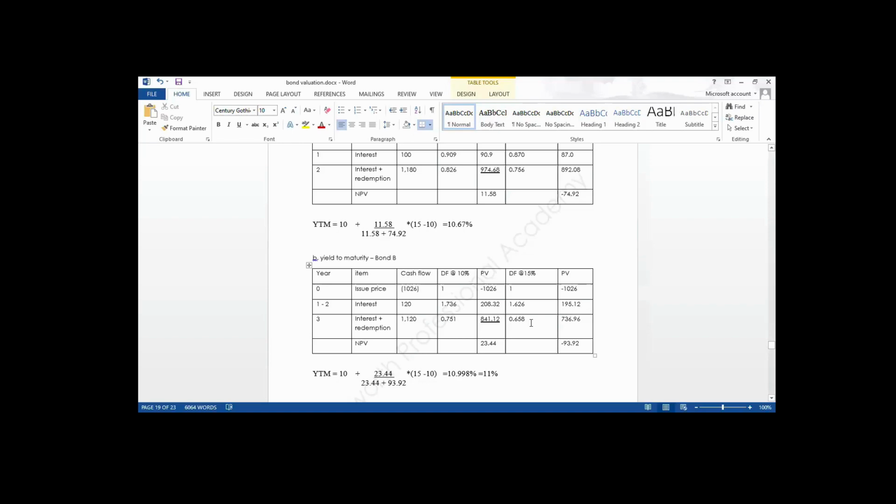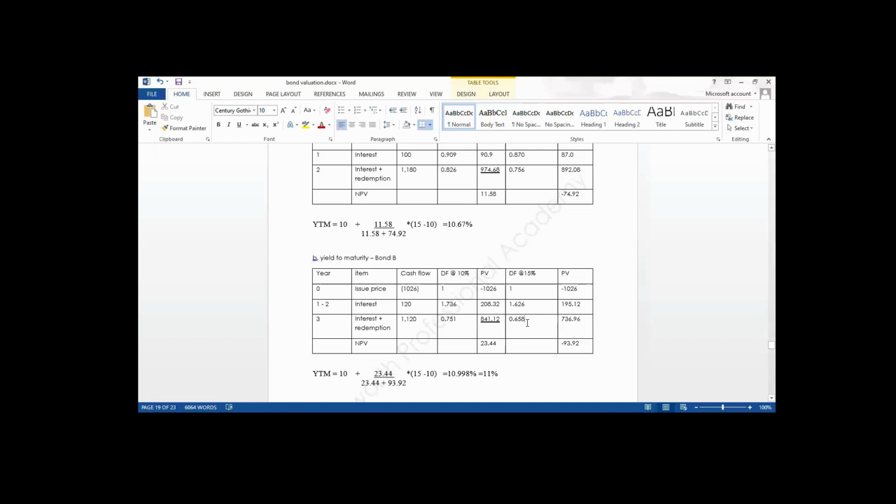15% discount factor. Year 3, what do you have? 0.658 approximately. Great.